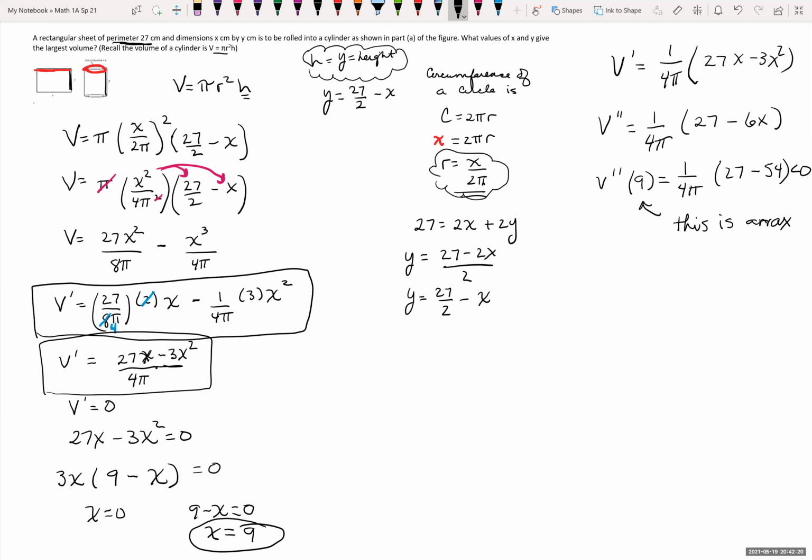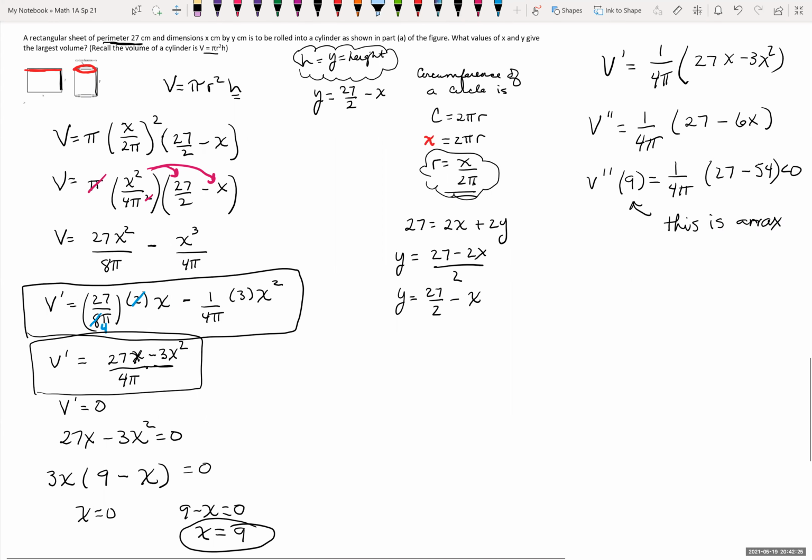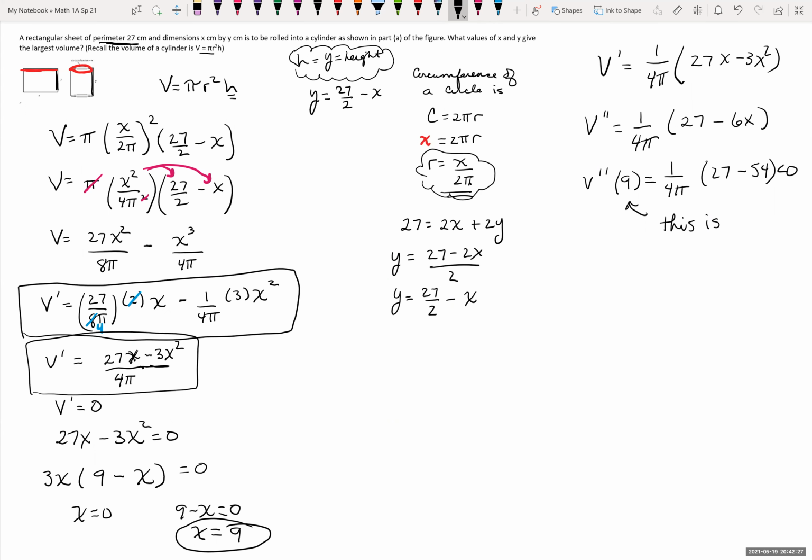It is asking what are the values of x and y. And so we have the value of x, and we can quickly find the value of y because we know that it's 27 halves minus x. So y is equal to 27 halves minus 9. Get a common denominator.